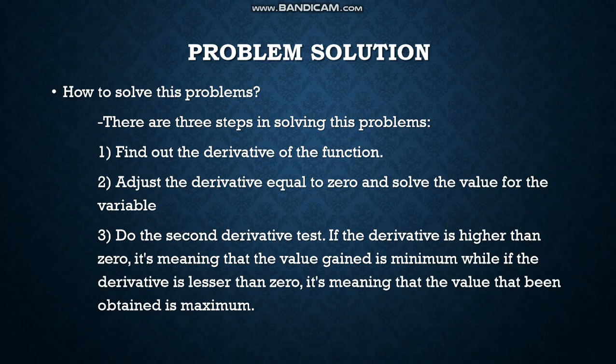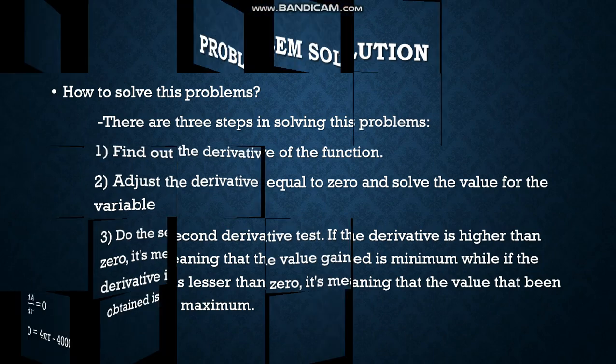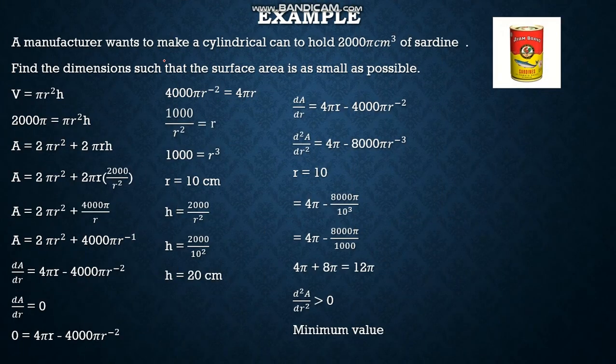If the second derivative is higher than 0, it means the value obtained is a minimum, while if it is lesser than 0, it means the value obtained is a maximum. So next, the problem statement will be included in the example that Fauzan will take over.